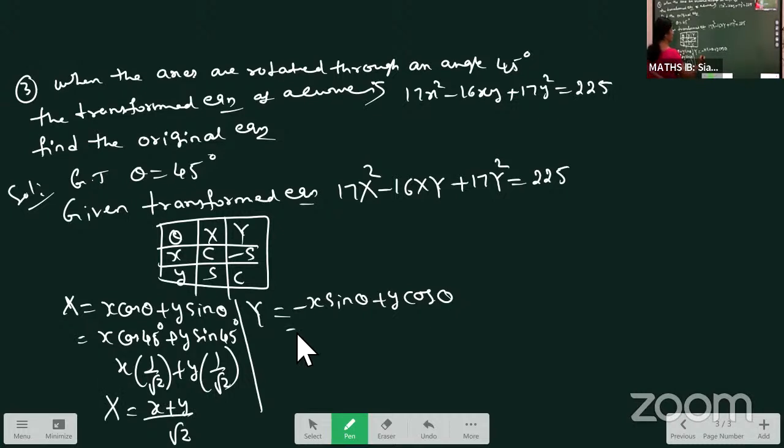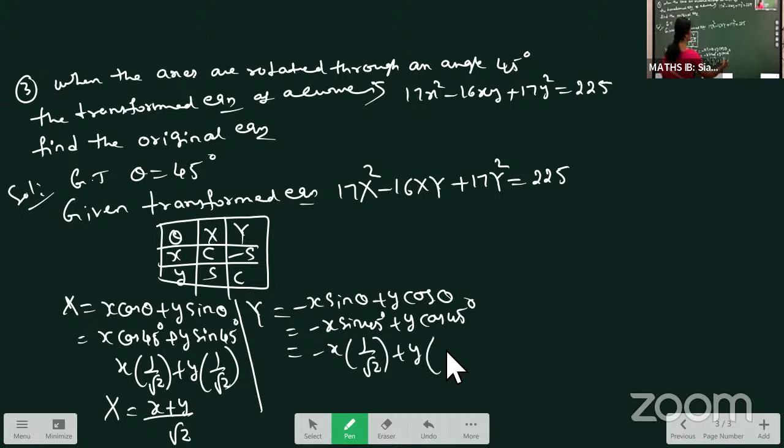Next, capital Y is equal to minus x into sin 45 degrees plus y into cos 45 degrees. So minus x into sin 45 is 1 by root 2, plus y into cos 45 is 1 by root 2. Write the common denominator root 2: minus x plus y. This is capital Y.